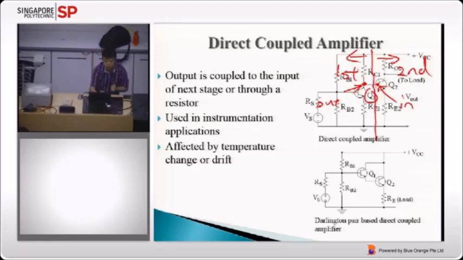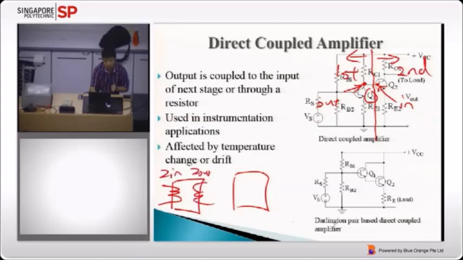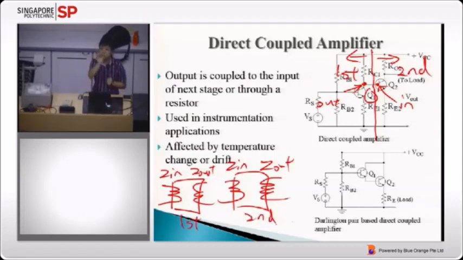If we break them into two simple blocks, we know this is Z in, this is Z out, this is Z in, this is Z out. This is the second stage, this is the first stage. Both stages will have their Z in and Z out, correct?